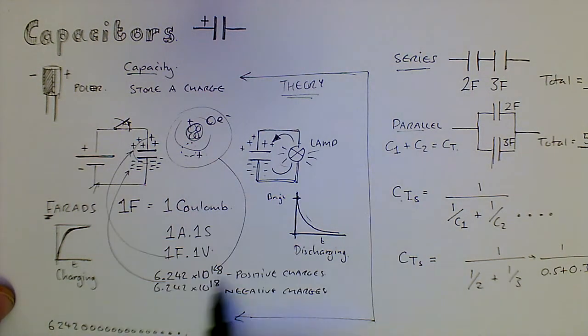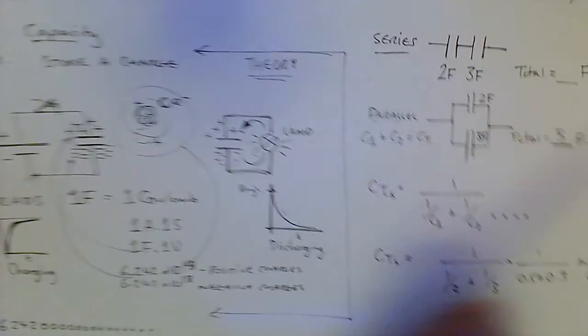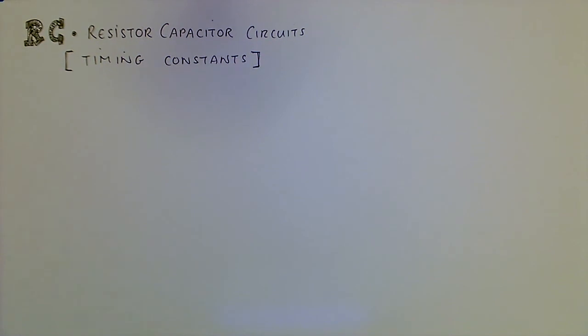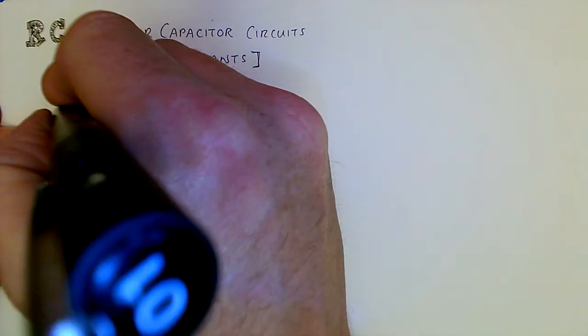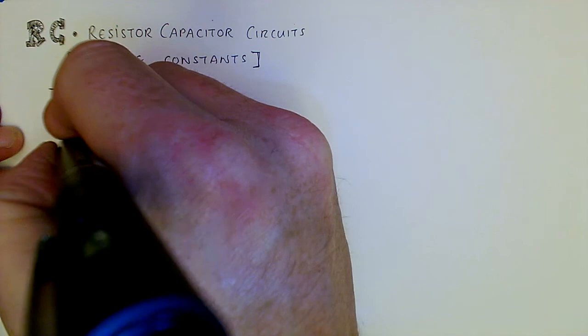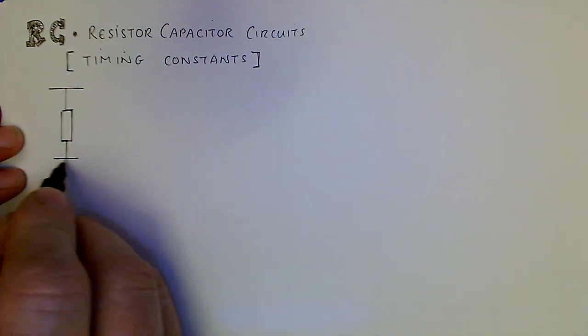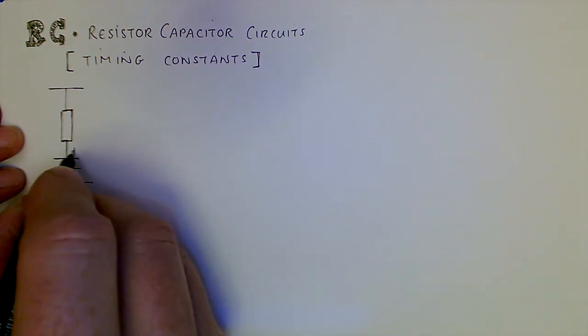Going back to talking about charging and discharging capacitors brings us on to resistors and capacitors working together. What we're looking at here is a situation whereby we have a resistor and a capacitor, like so.